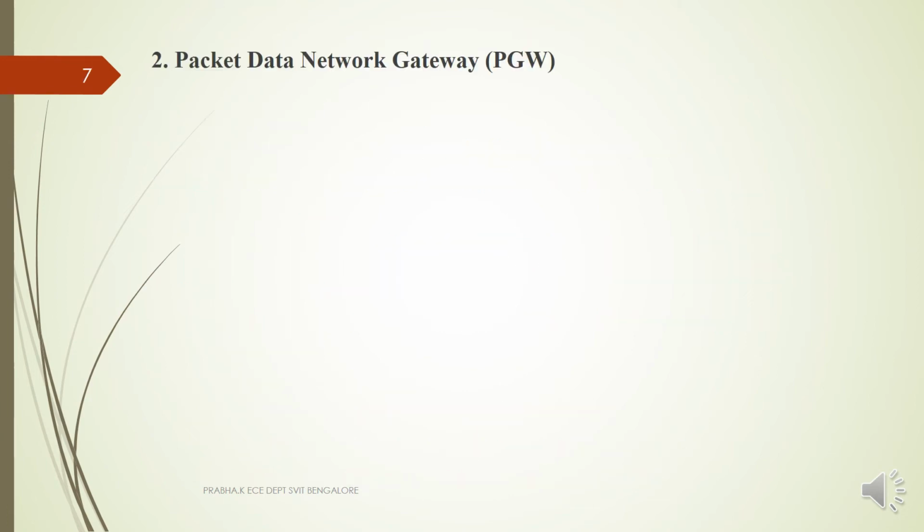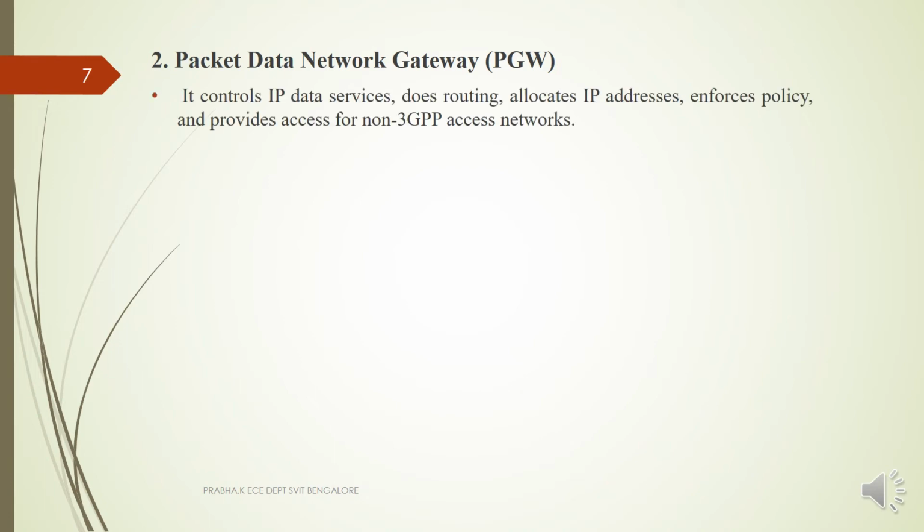Coming to the next element, packet data network gateway. It controls IP data service and helps in routing, allocates the IP address to the user, enforces the policy and provides access for non-3GPP access networks.